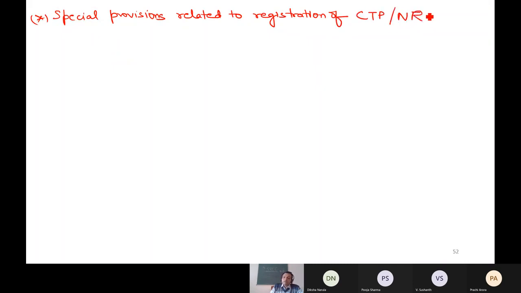Casual taxable person and non-resident taxable person. Now I hope you remember section 25.